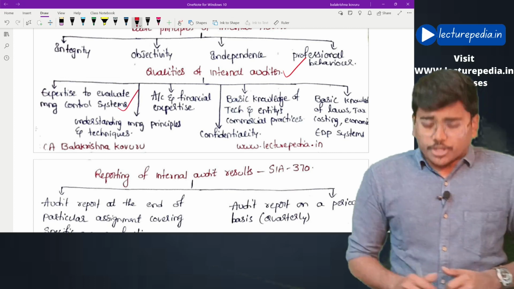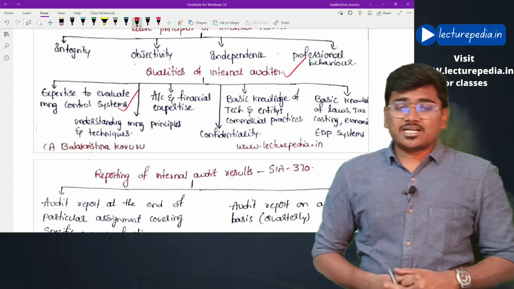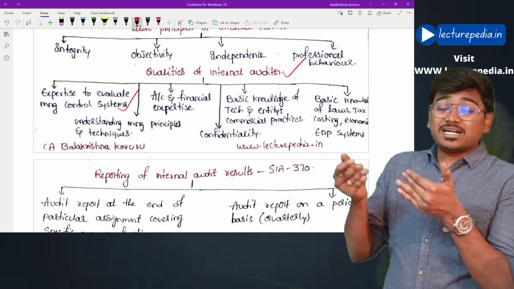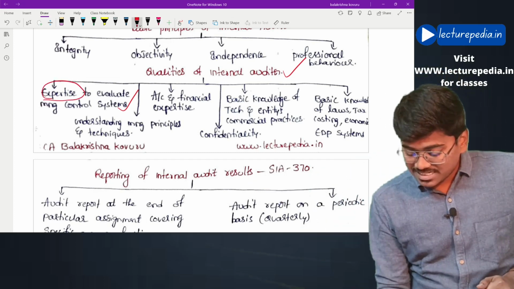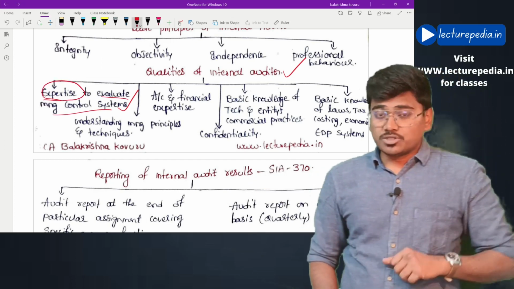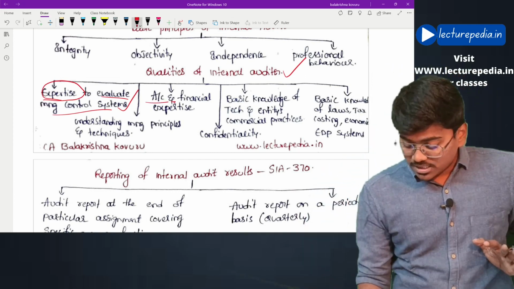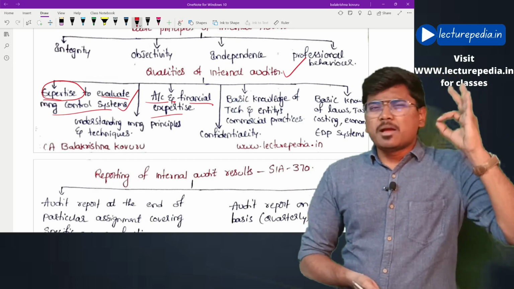First of all, the internal auditor's purpose is to evaluate the internal control systems in the organization. So he should have expertise knowledge related to internal controls, so expertise to evaluate management control systems. Next, he should also have expertise in accounting and financial related aspects. And next, he should have basic knowledge.